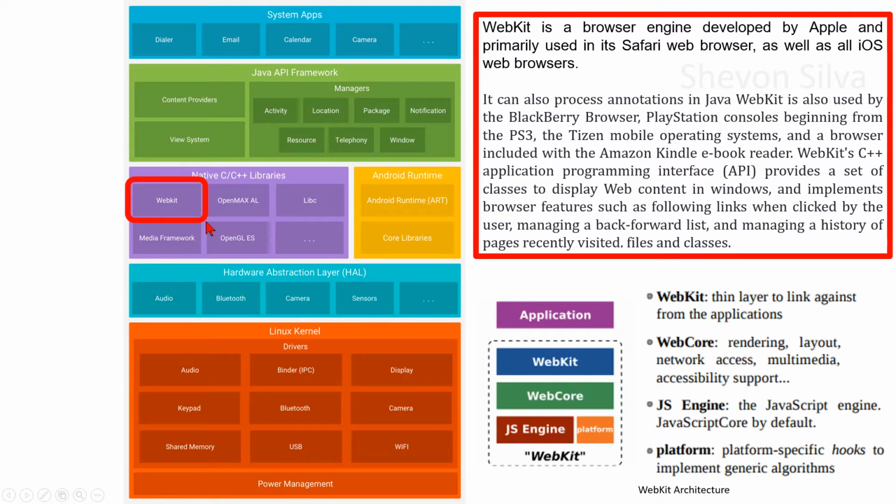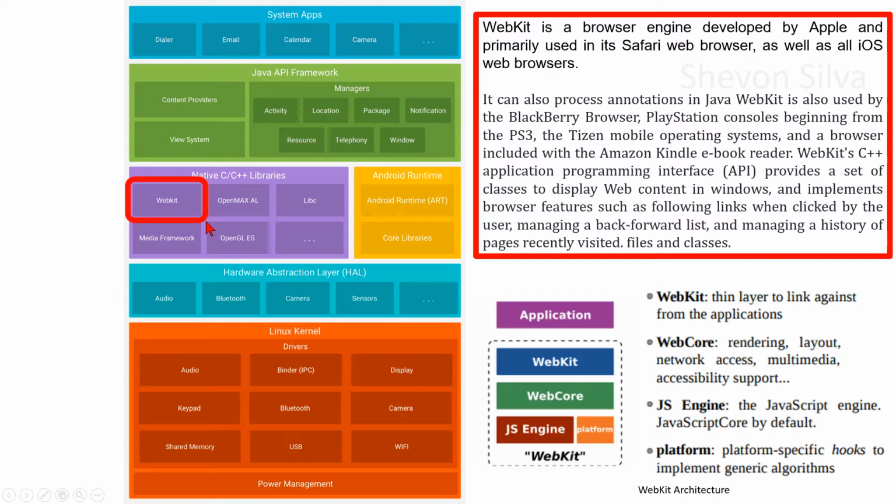WebKit is a browser engine developed by Apple and primarily used in its Safari web browser as well as all iOS web browsers. It can also process annotations in Java. WebKit is also used by the BlackBerry browser, PlayStation consoles beginning from the PS3, the Tizen mobile operating system, and a browser included with the Amazon Kindle ebook reader.